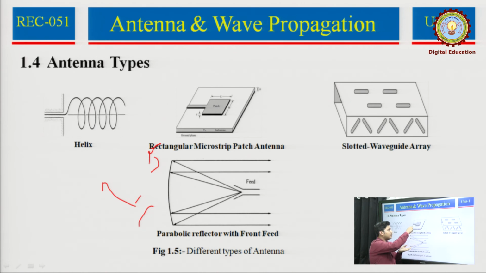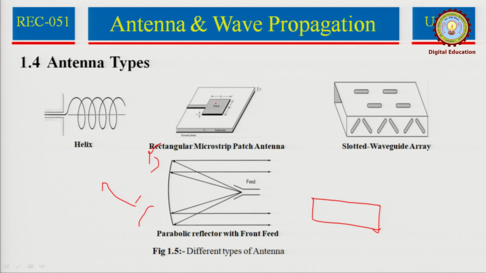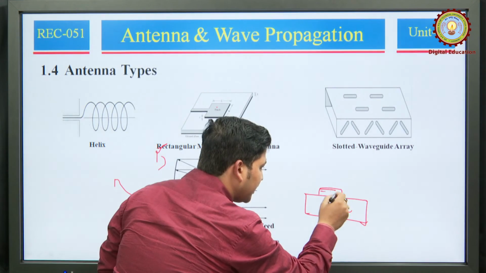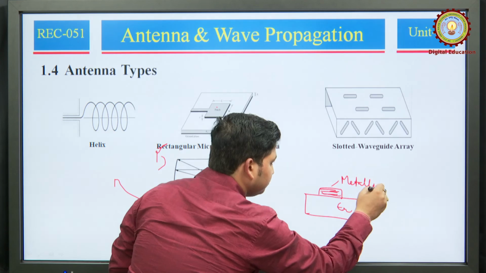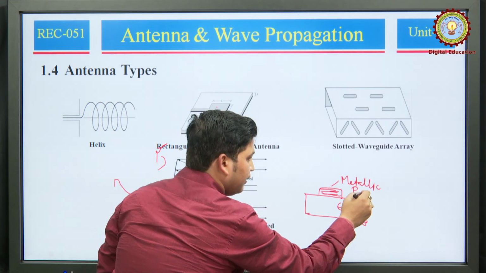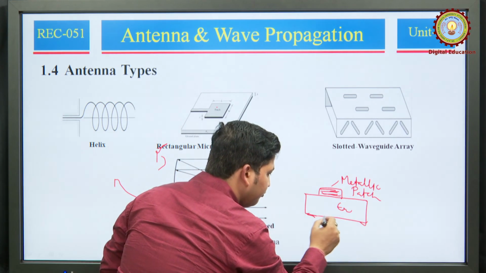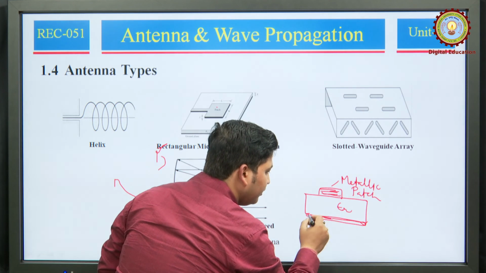Okay. So, patch, dielectric, we can see the 2D diagram here. This is the dielectric substrate having dielectric constant epsilon r. Over here we have the metallic patch, and over here we have the ground, which is again conducting.